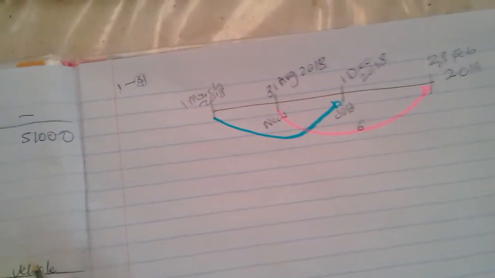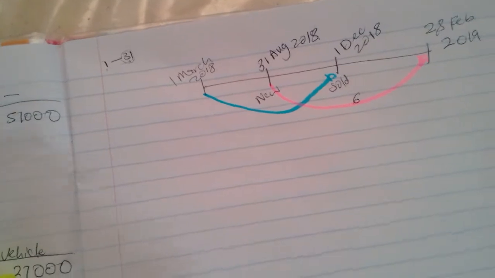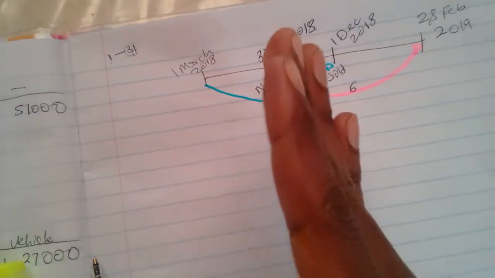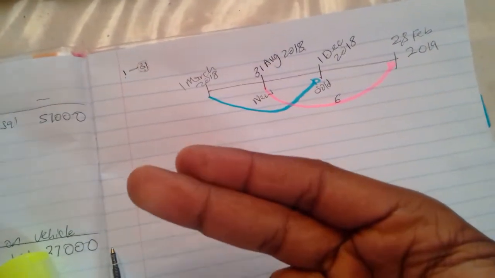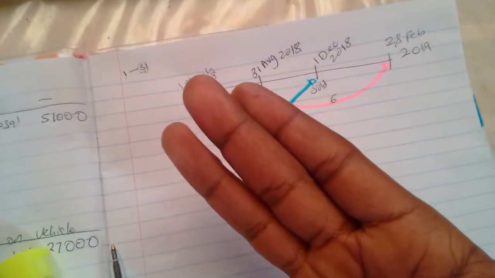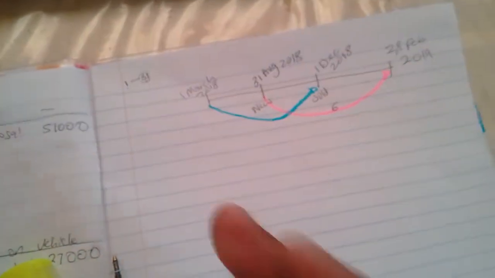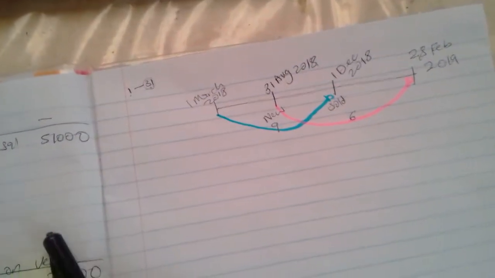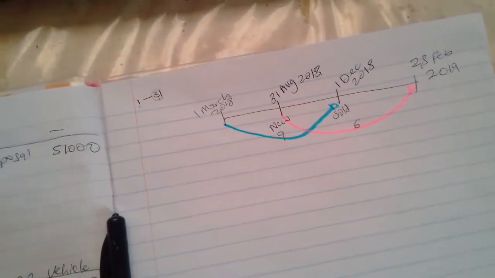So we're going to count March, April, May, June, July, August, September, October, November. Please don't count December because it's at the beginning of the month. It means this asset has spent 9 months inside the business. Please, 9 months. And please, I beg you, use your fingers to count the months.